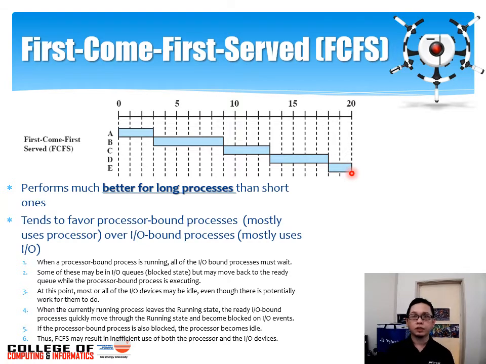So whether the process is short or long, it is treated based on the arrival time of the process. The process may be much smaller to execute, but it needs to wait such a long time before it gets the proper time to execute. So it does not really favor short processes because it makes the decision based on the arrival time of the process.